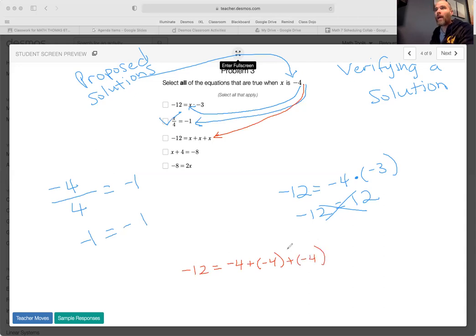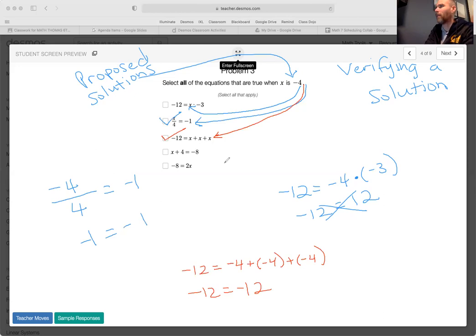And remember, if you're adding a bunch of numbers and they're all negative, you can add them as if they were positive and then just throw a negative sign on your answer. So this equation says -12 equals 4 plus 4 plus 4 is 12. But since they were all negative, I put my negative sign. Yeah, we got another true equation, right? -12 equals -12. So that means -4 is a solution to this equation. It makes it true, and we select it.